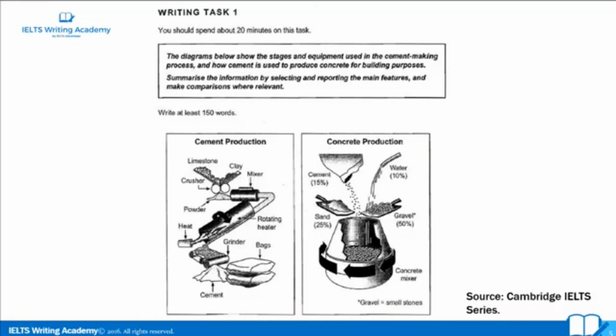Okay, so the first one, have a look at this, and I'll give you 3 minutes to write in what you think you would include in paragraph 1 and what you would include in paragraph 2. And let me know if you have any questions or there's something that you are confused about.